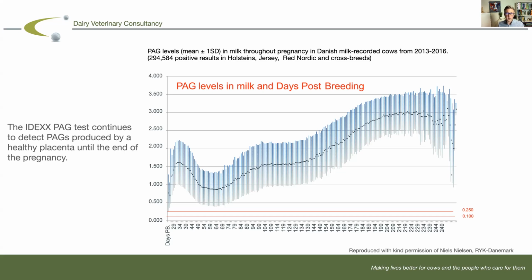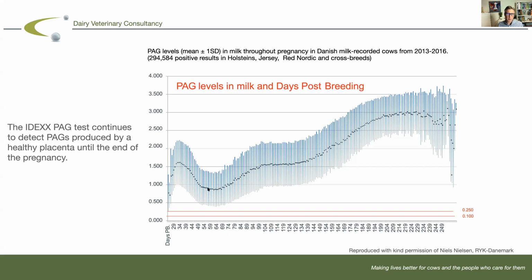So each blue dot represents the average PAG result for these 300,000 cows, and then the green blue line either side represents one standard deviation around the mean.